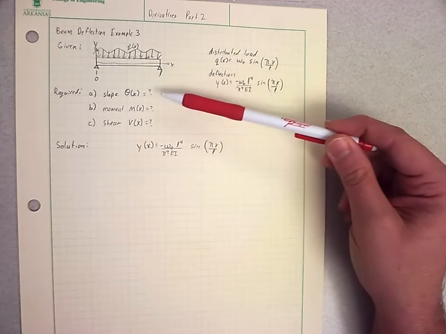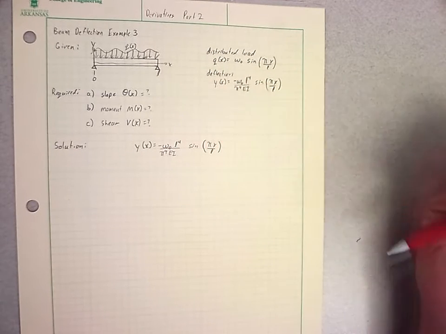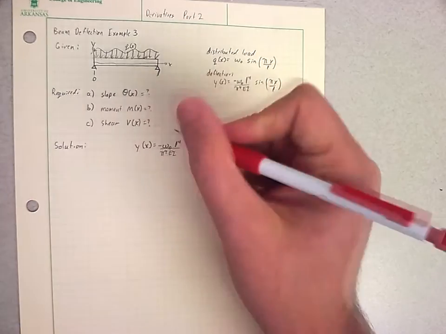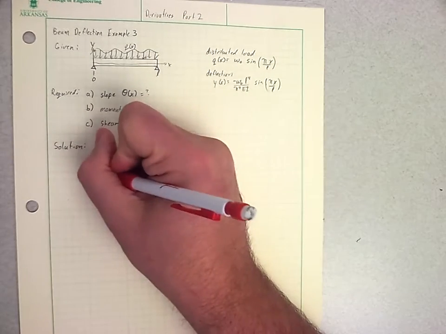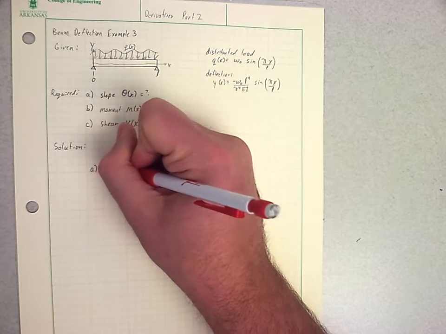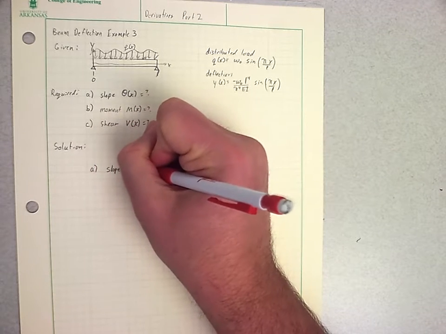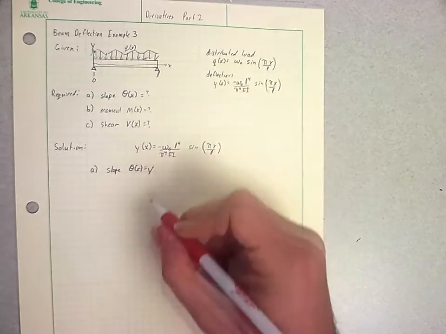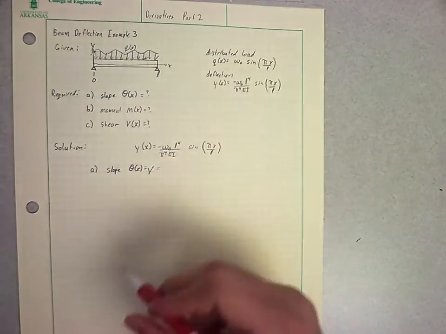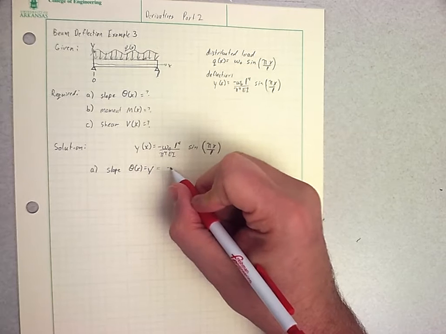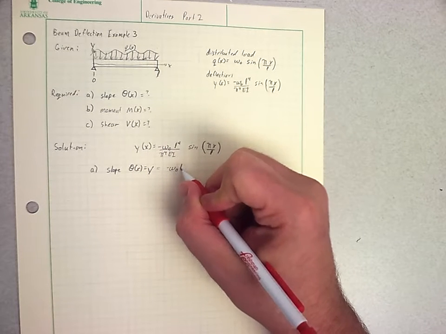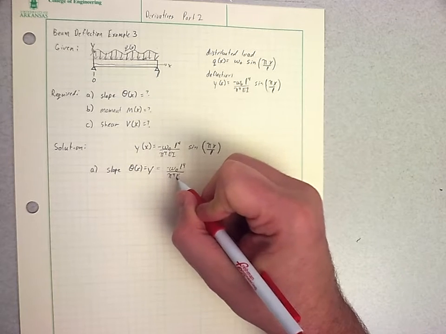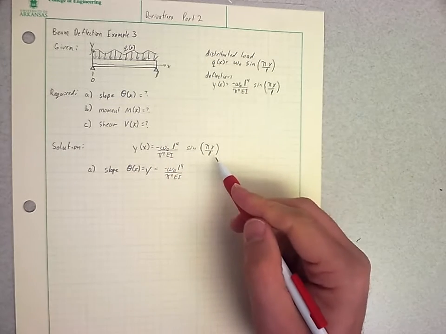And so we're asked to find the slope, the moment, and the shear. The key thing we need to remember is that, given our first equation, the slope is the first derivative of y. So we keep our constant out front and take the derivative of sine.